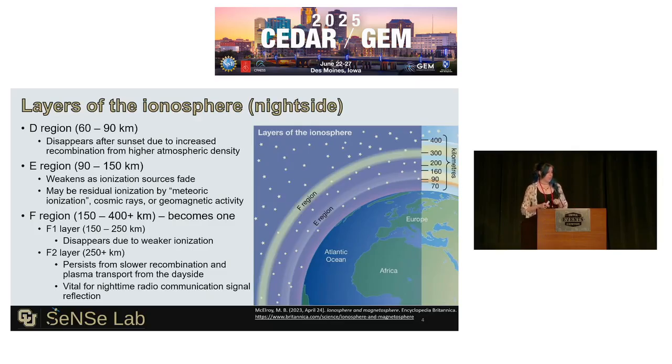More specifically, the F1 layer disappears as the radiation and ionization has left, but the F2 layer does persist due to polar transport of charged particles from the day side, and the F2 region is very vital for nighttime radio communications to still have the reflections we need off the ionosphere.